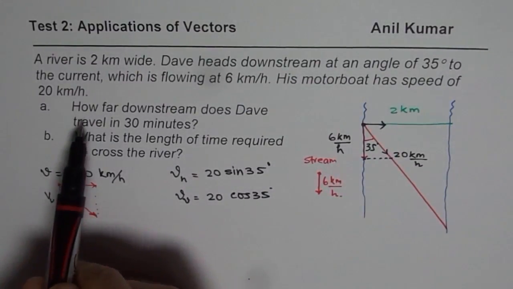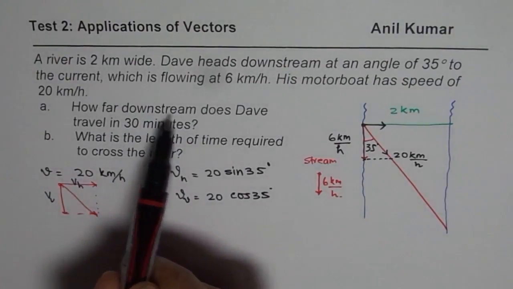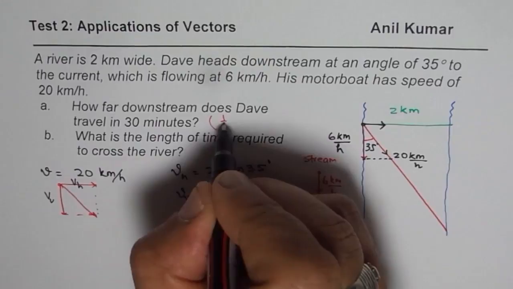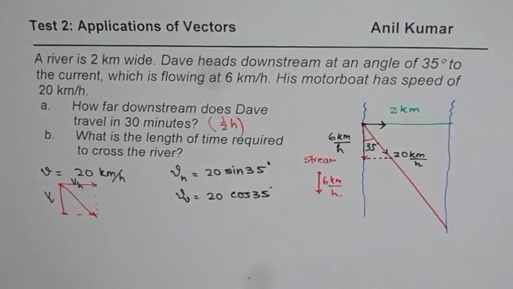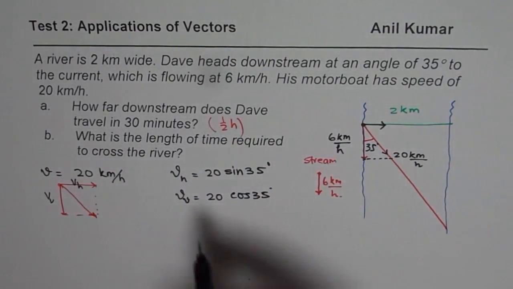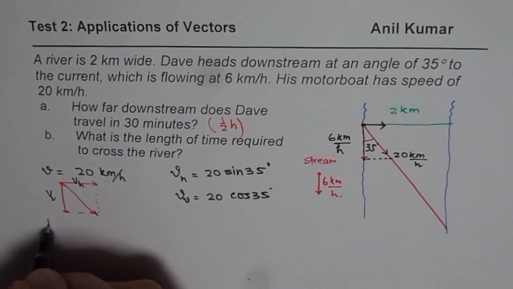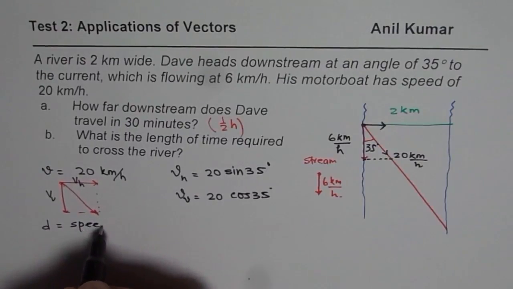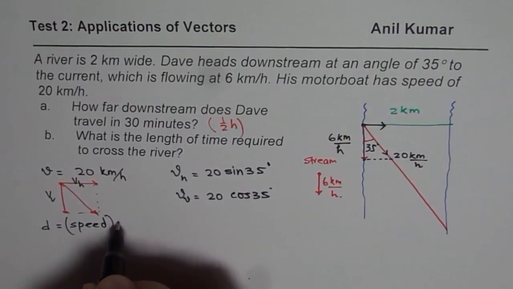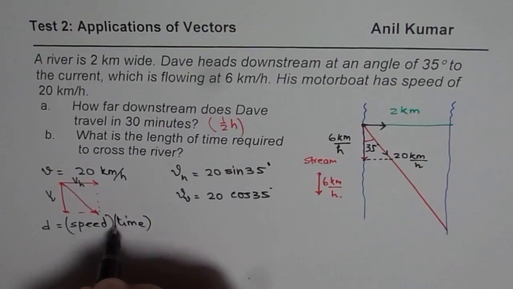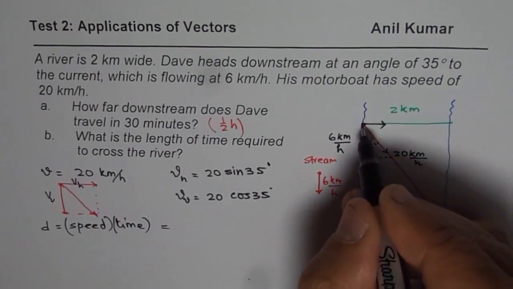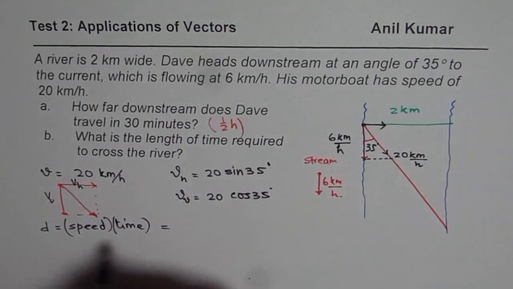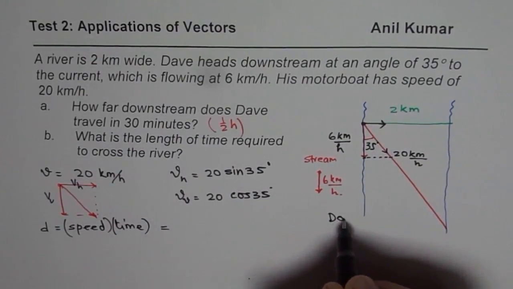Now let us try to understand the question. How far downstream does Dave travel in 30 minutes? That means half an hour, right? We know distance is equal to speed times time. So in our case, we need to find this downward distance.